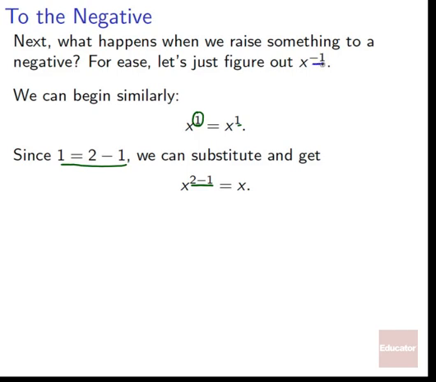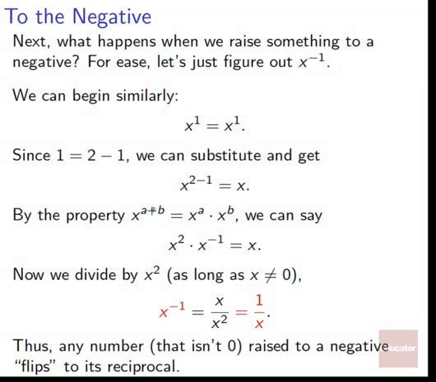So we use that property, we break it apart, and so by our property, x to the a plus b becomes x to the a times x to the b. We've got x squared times x to the negative 1. So x squared times x to the negative 1 equals x. Now, we can divide by x squared, once again, as long as x is not equal to 0. If we have that, then things get troublesome.